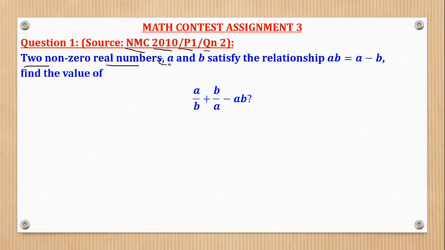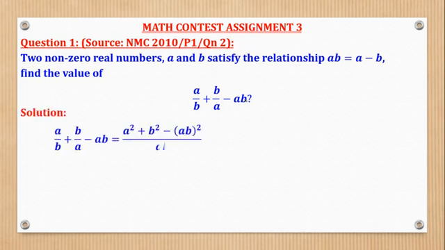Non-zero means A cannot be 0 and B cannot be 0. Satisfy the relationship that A times B is equal to A minus B. Find the value of A over B plus B over A minus AB. So we shall first quote what is given and get the LCM.